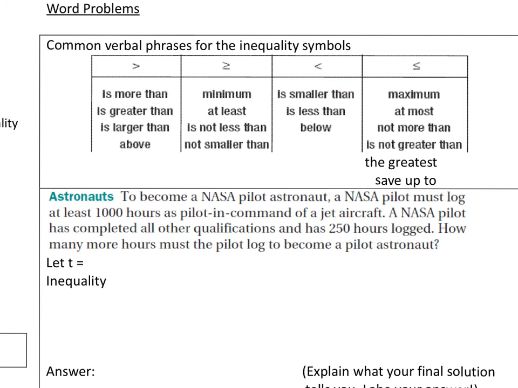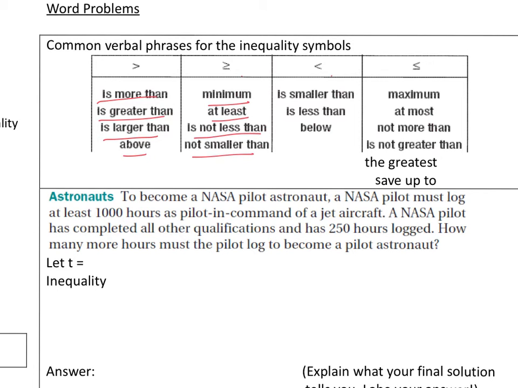Word problems. Okay, these are common verbal phrases for the inequality symbols. The greater than can also be read as is more than, is greater than, is larger than, or above. The greater than or equal sign can also be read as minimum, at least, is not less than, or not smaller than.